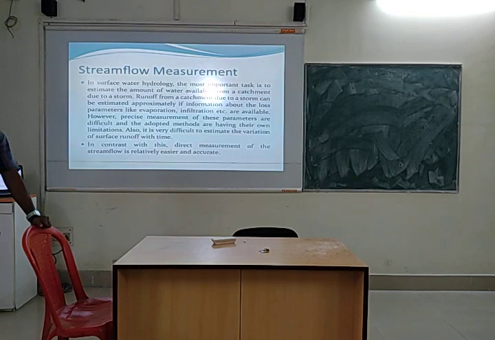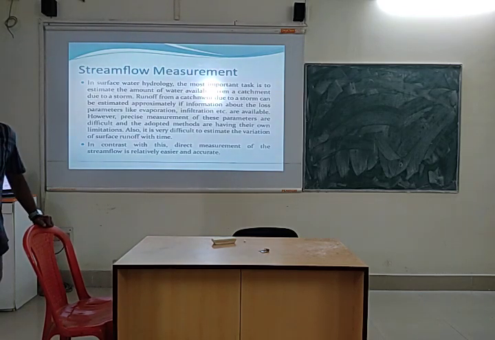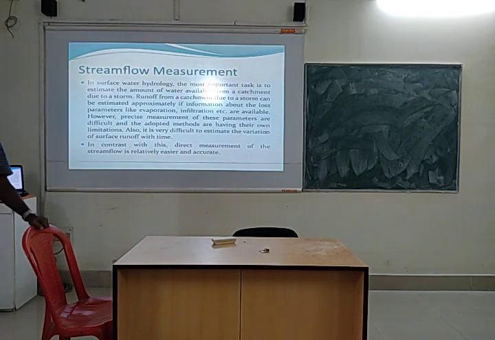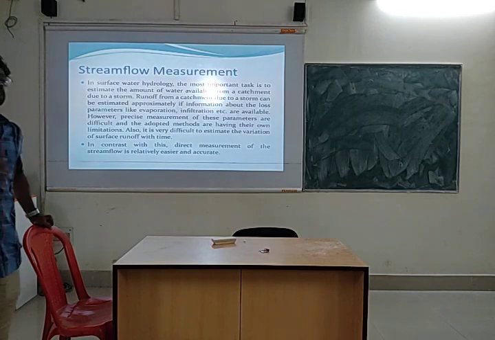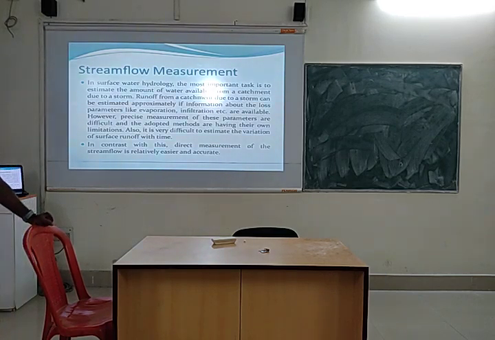Why we need to study the amount of water, right? So this is one important thing, to find out what amount of water we can get after one precipitation, what amount of water is available to us in a particular catchment area. That is why we need to study this one.